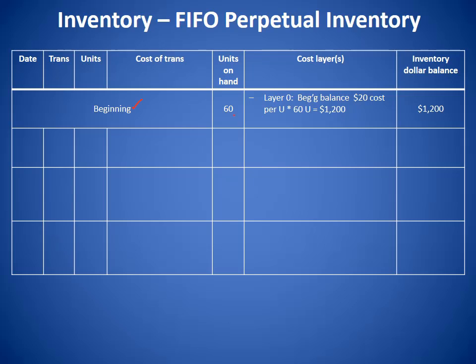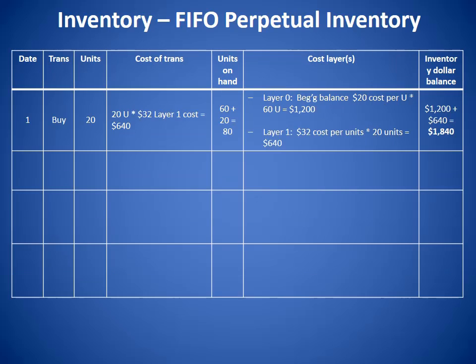We're going to call this layer 0, and the cost per unit in layer 0 is $20 times our 60 units. That means our inventory value is equal to $1,200. So that's our background information. Now let's combine that background information with our first transaction where we had a purchase. Just like in our LIFO demonstration, on date number 1 we purchased 20 items.